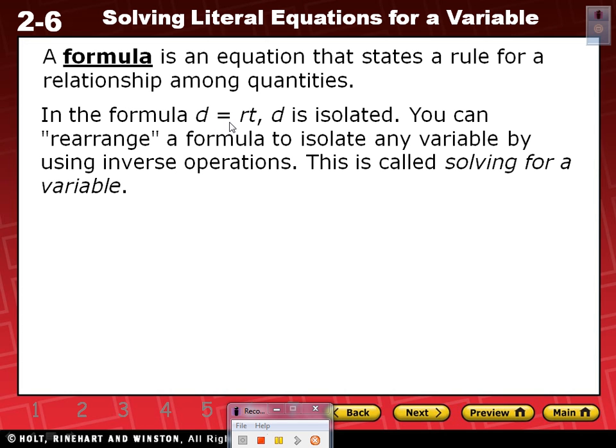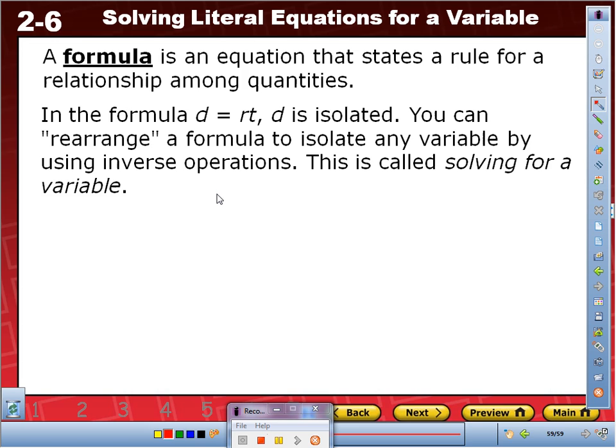If not, the rest of the year, some of you are going to be using this a lot with your science class. However, in this case, notice that the D is by itself, right? That's what we call that D is isolated. D is by itself. However, if I was to ask you to solve for a different variable, that's called solving for a variable.